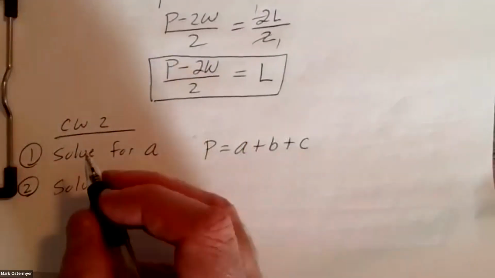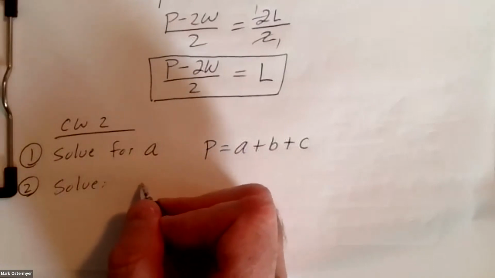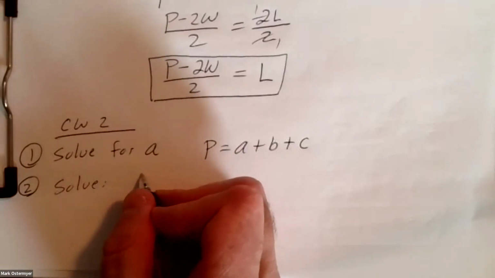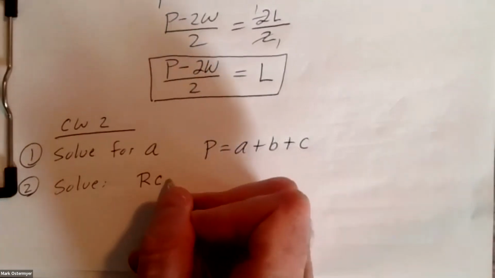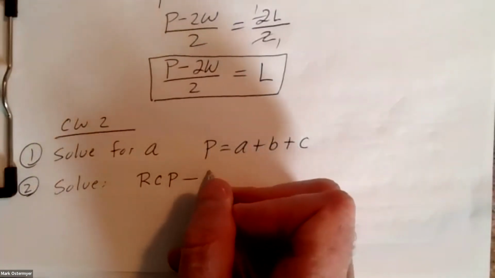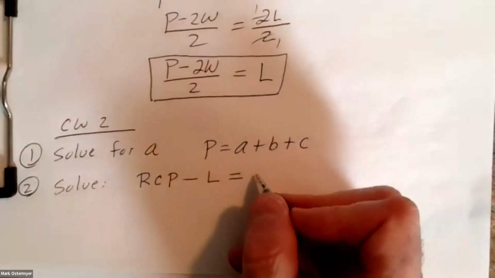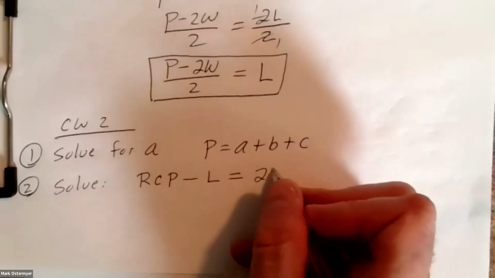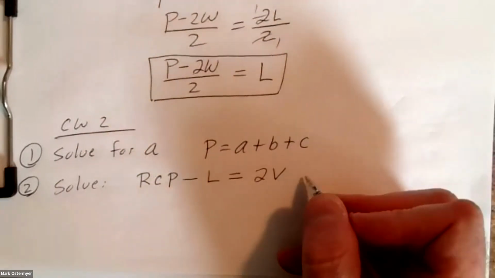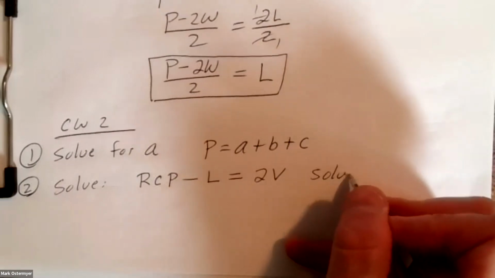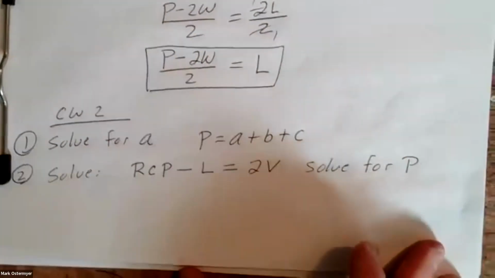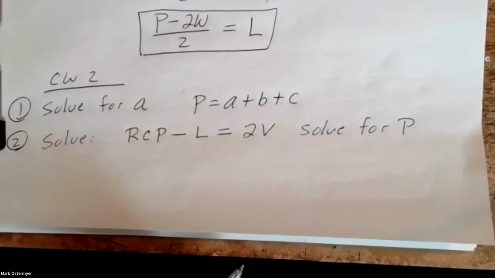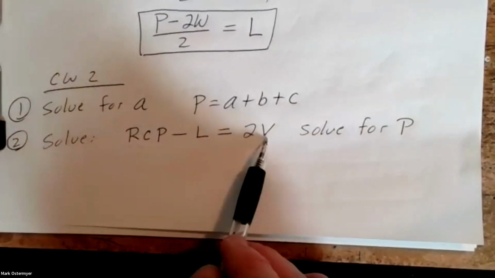Solve this formula for A. I want you to solve the second one for P. There you go, ladies. We'll call that classwork number 2. See if you can solve these formulas for the requested variable. Solve this one for A, solve this formula for P.